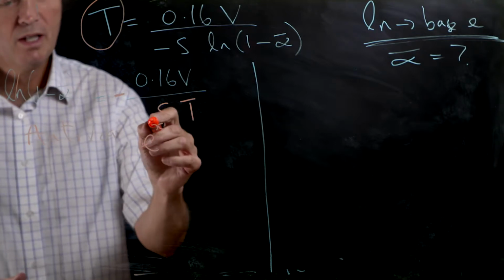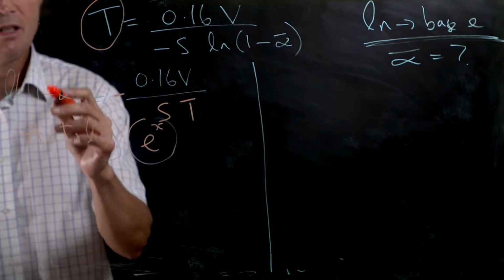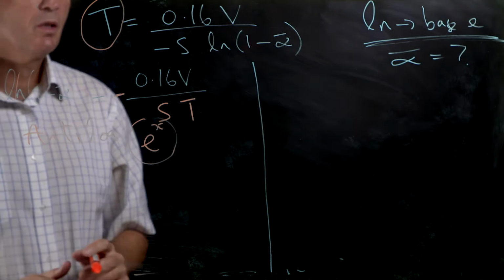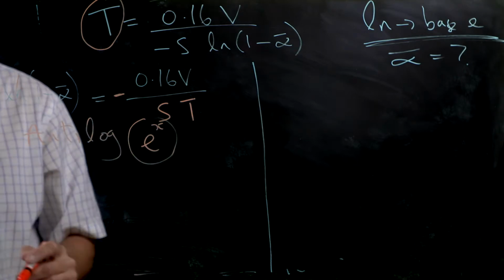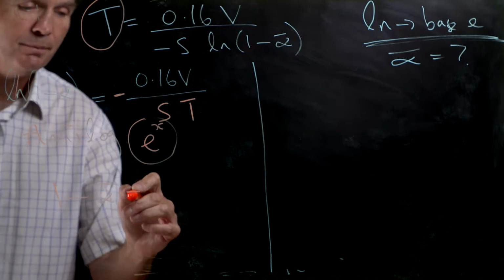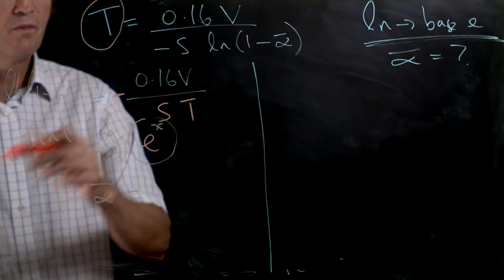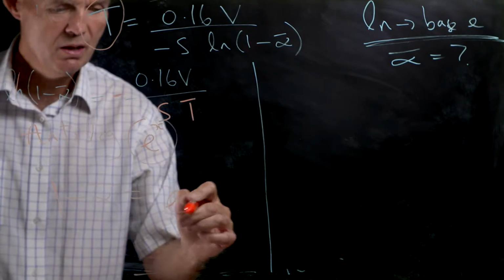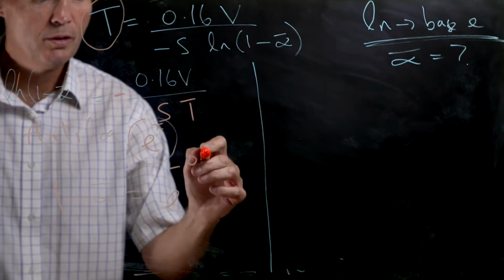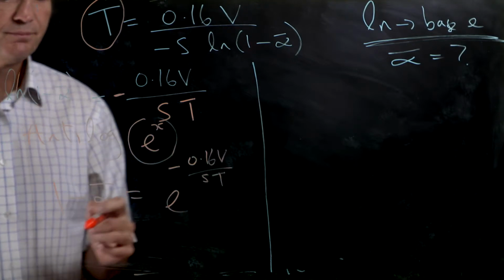We're converting it into that form. If we anti-log this term, very similar to log to the base 10, the ln simply disappears. So we end up with 1 minus alpha bar. On this side, all of this has to go into this function, so this becomes e to the minus 0.16V divided by S times T.